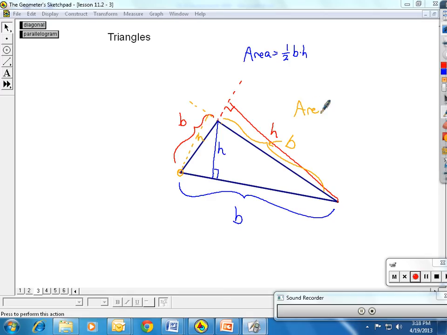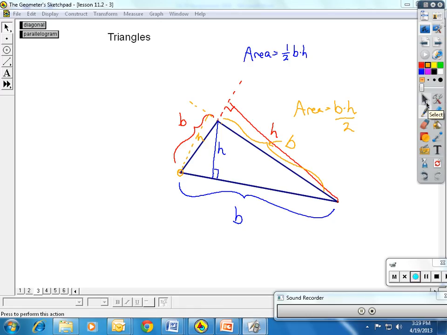And area would be base times height divided by 2. So every triangle has 3 bases. Every triangle has 3 heights. You need to pair up the right base with the right height on any given problem.